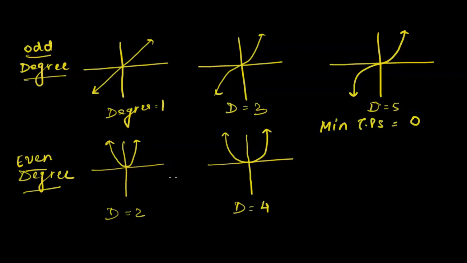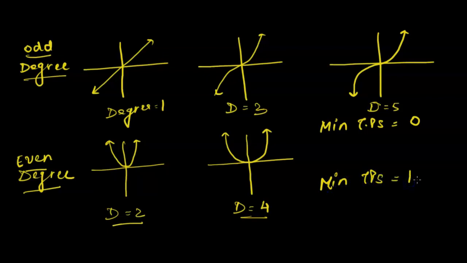When it comes to even degree functions, like here degree 2 and degree 4, there has to be one turning point in order for the graph to look like a parabola or an even degree function. So for an even degree function, the minimum number of turning points we would always see is 1.